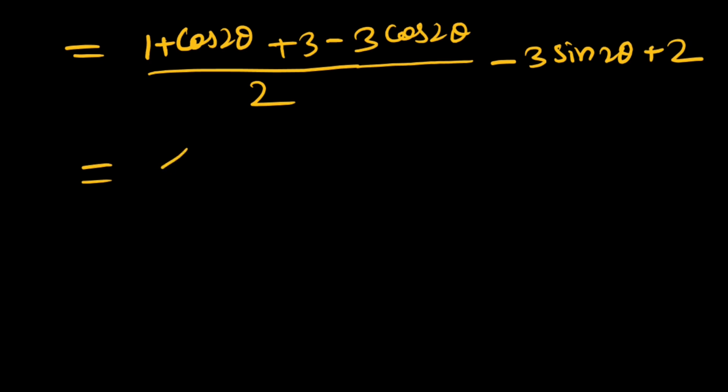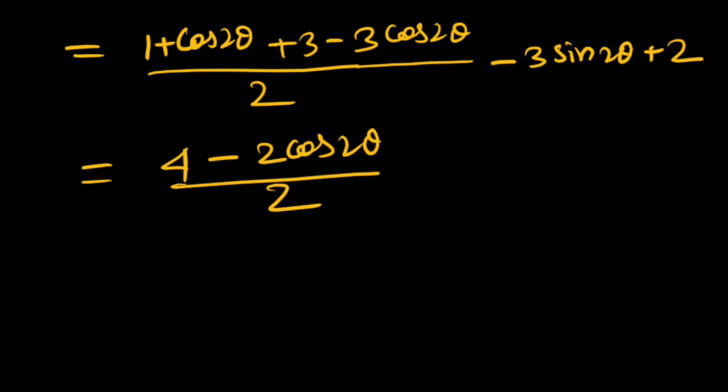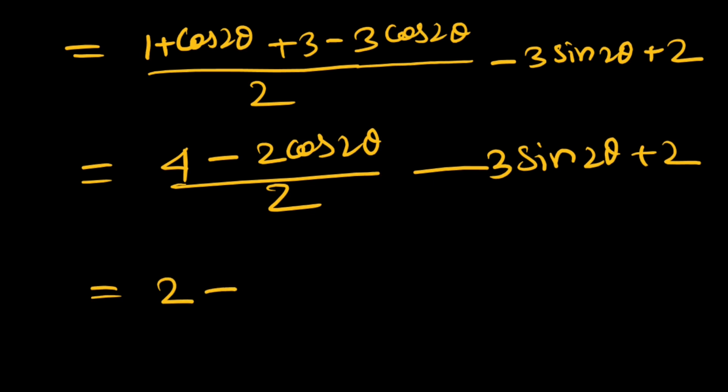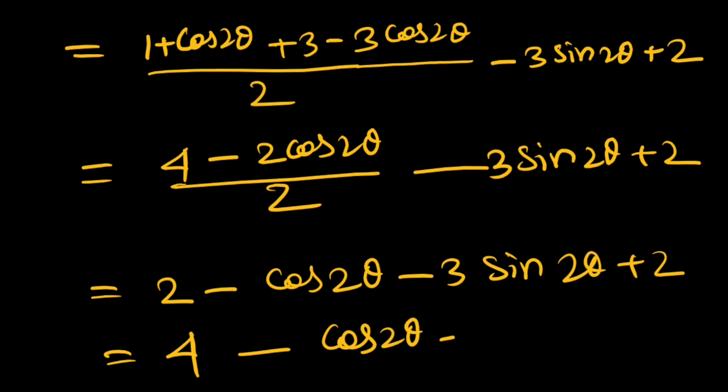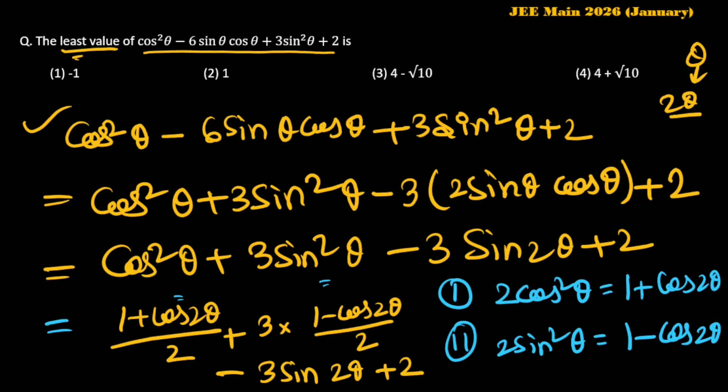Therefore that is 4 minus 2 cos 2 theta over 2 minus 3 sin 2 theta plus 2, that is 2 minus cos 2 theta minus 3 sin 2 theta plus 2, that is actually 4 minus cos 2 theta minus 3 sin 2 theta. So we want to find the minimum value of this function.